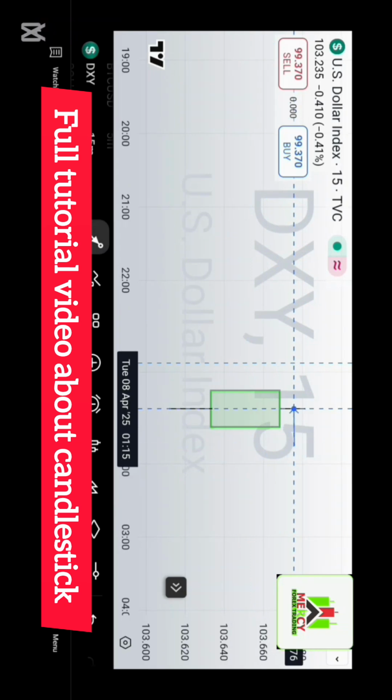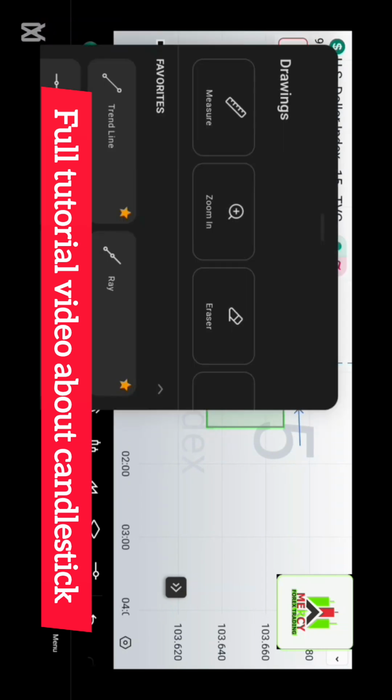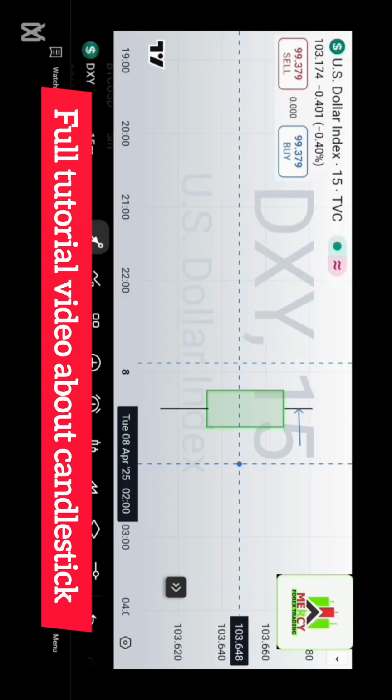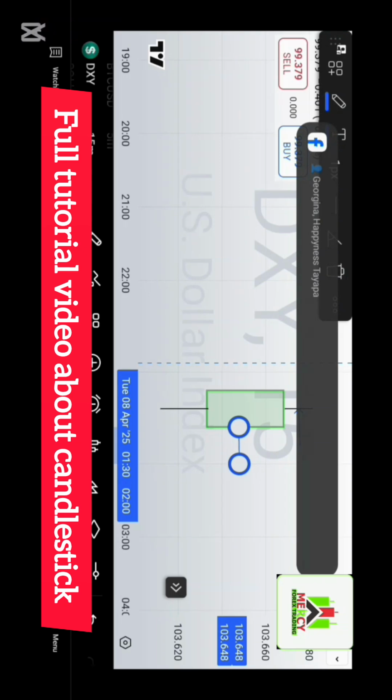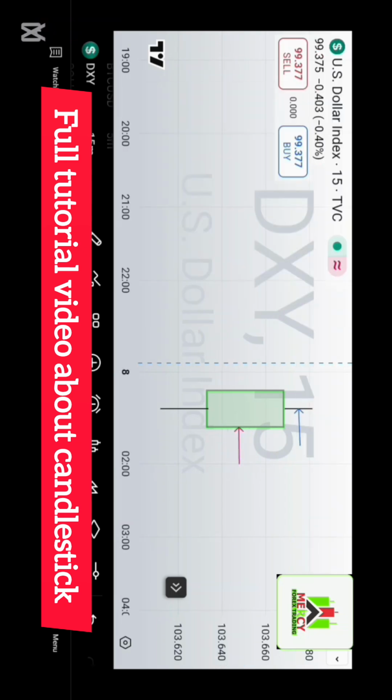You see this side? This arrow I'm pointing is called the wick, while this red arrow signifies the body of a candlestick. So note, I'll be asking you: what is the body of a candlestick?